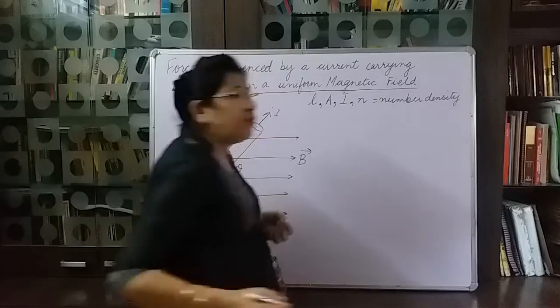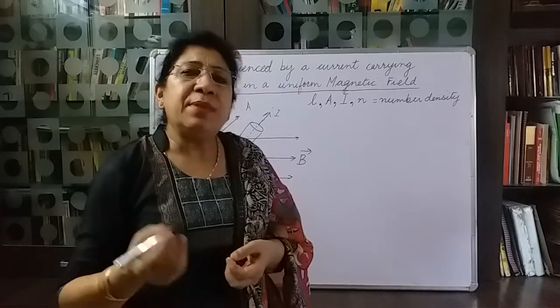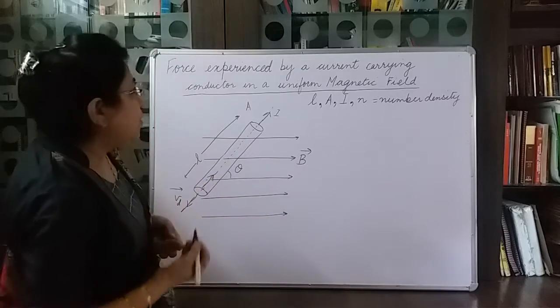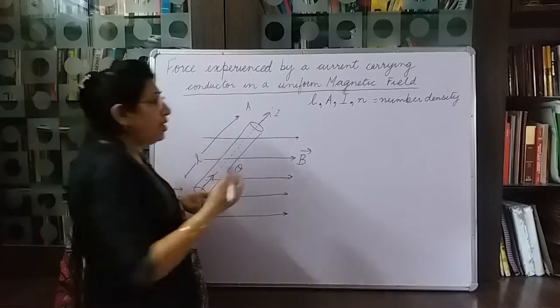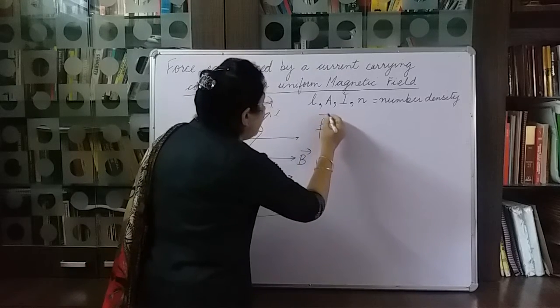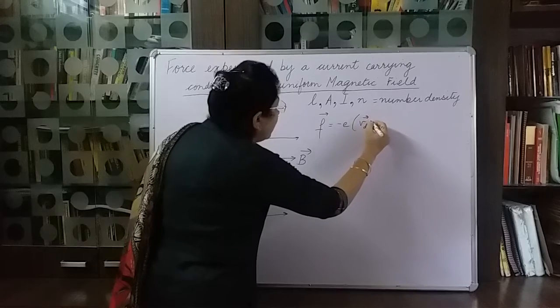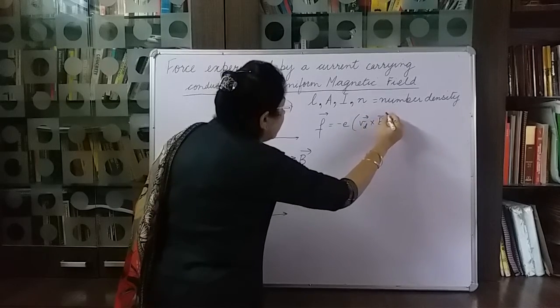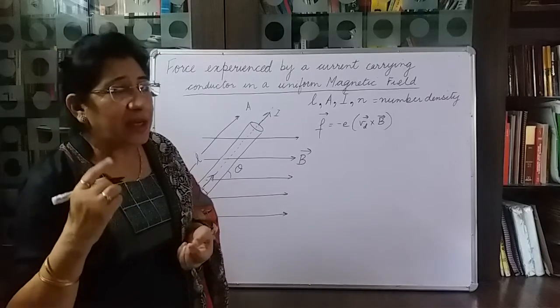Number density, if you remember from the last unit, is the number of electrons per unit volume. So here, what will be the force on one electron? By Lorentz force, the force will be minus e Vd cross B. This will be the force experienced by one electron.